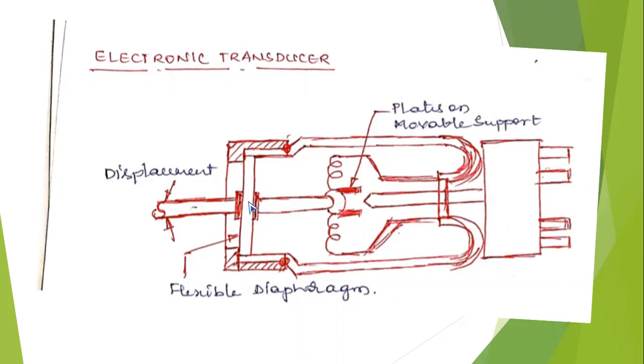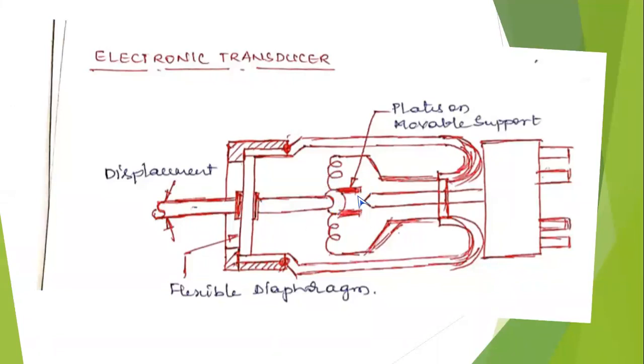The other end of the plunger is placed outside the diaphragm. It looks like a T joint. So one end of the displacement is placed and fixed on the diaphragm, and the other portion is fixed to the tungsten filament.